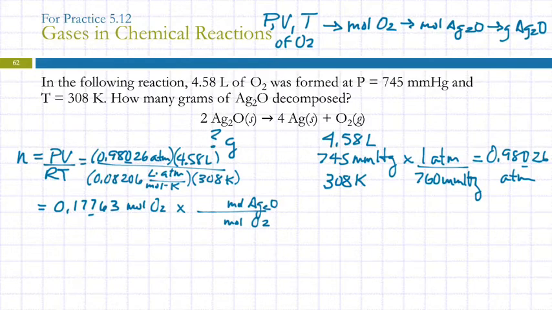So we've got 2 moles of silver oxide forming 1 mole of oxygen. Coefficients in the balanced chemical equation. And then we need the molar mass of Ag2O. 107.9 for silver times 2 plus 16 for the oxygen, 231.8.